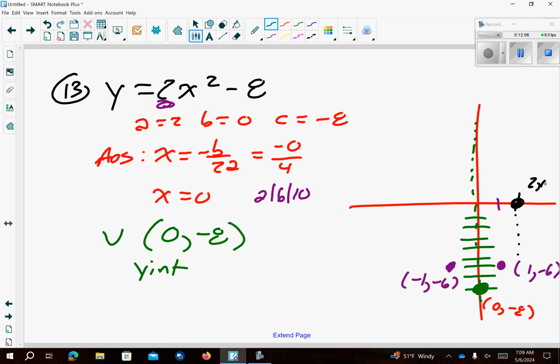So that's 2, comma 0. That's an x-intercept. And then same thing over here, negative 2, 0. The other x-intercept. So there you go.